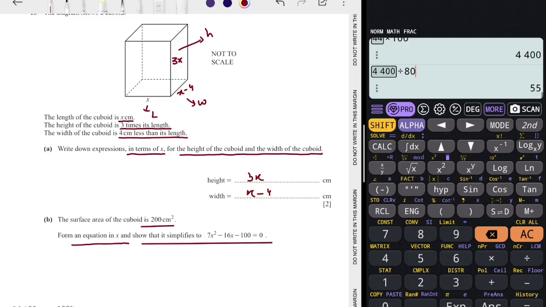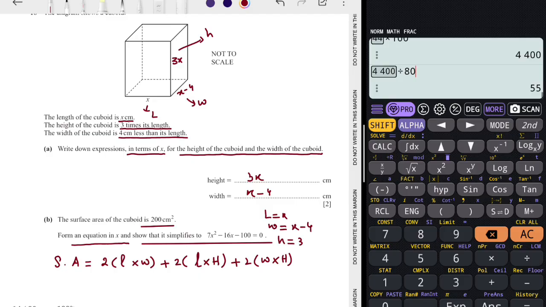First of all, we have to write the formula for surface area, which is 2 times length multiplied by width plus 2 times length multiplied by height plus 2 times width multiplied by height. As we know, length is equal to x, width is equal to x minus 4 and height is equal to 3x. Now we will substitute values.